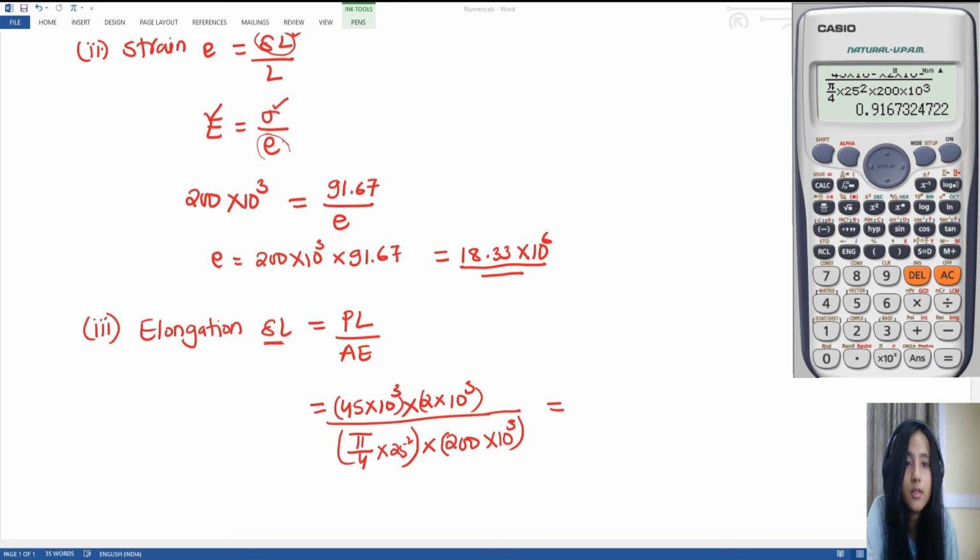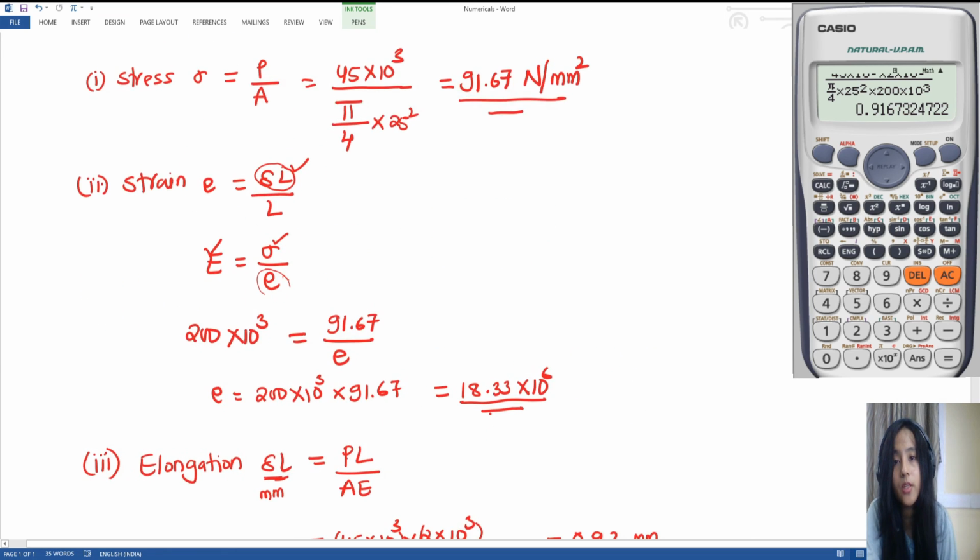So this is the elongation. It is coming 0.916, so it is almost equal to 0.92, and the unit of elongation will always be in mm. So 0.92 mm is the elongation. I hope this numerical is also clear.